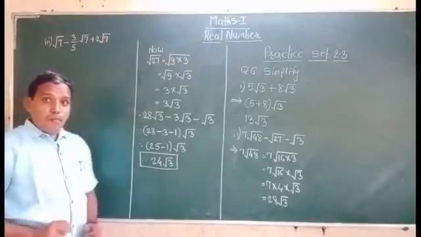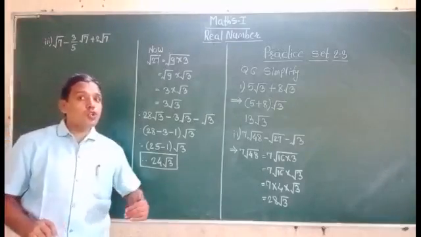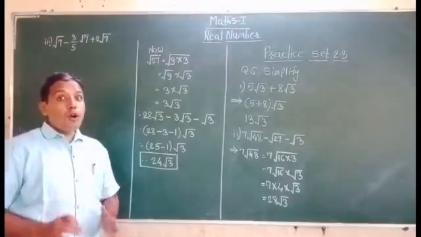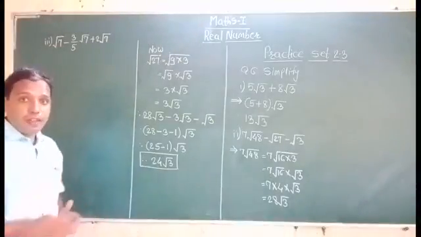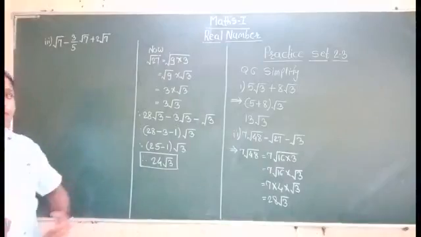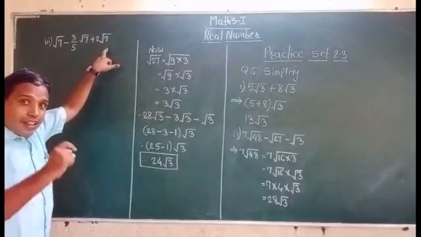In that example we see two mathematical operations, addition and subtraction, both simultaneously. So how can we solve it? First of all we see the surd 7 and the surd 7. Both are like surds.